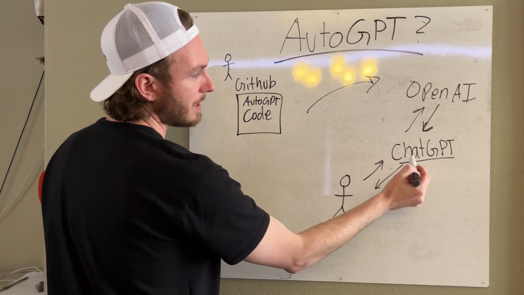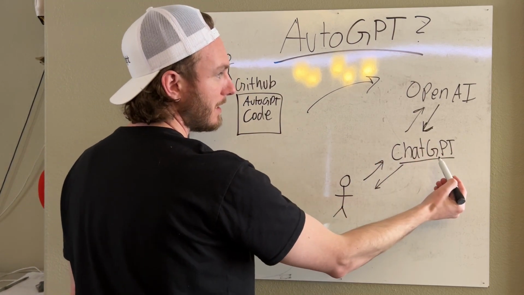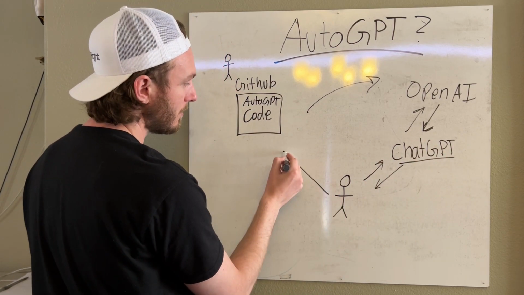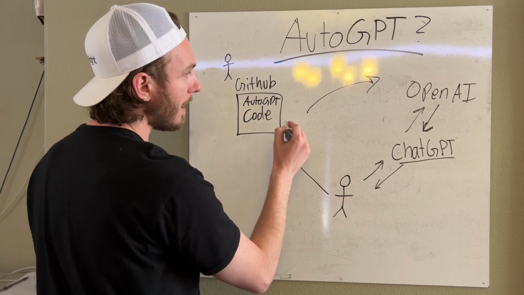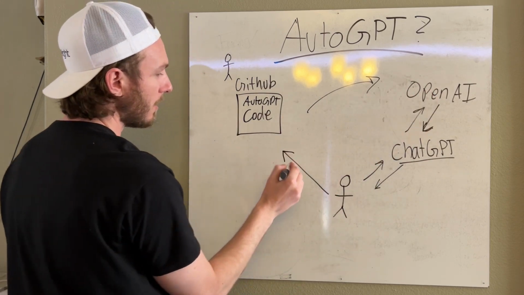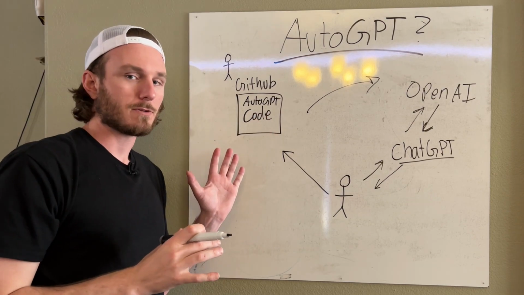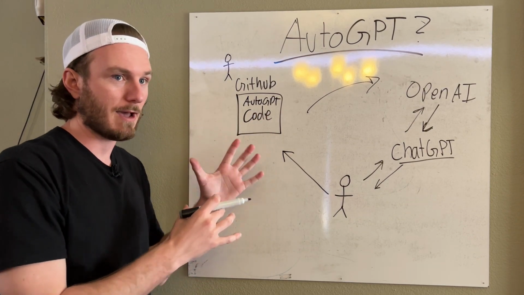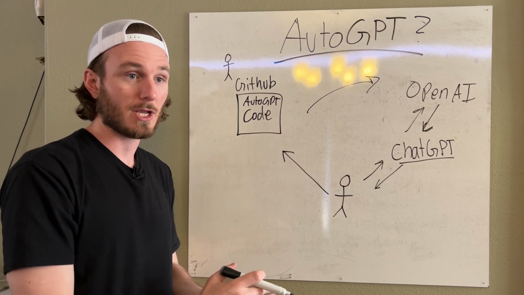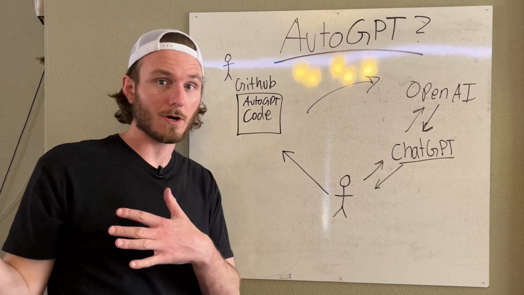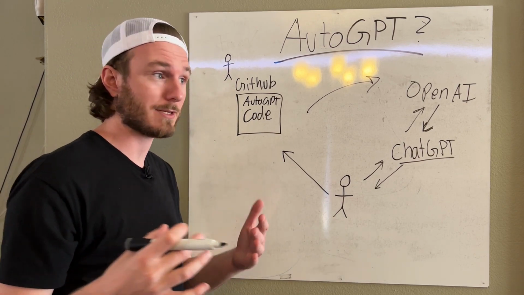AutoGPT is essentially another interface like ChatGPT that allows us as users to interact with OpenAI in a new way. So we are interacting with the AutoGPT code. It's not very user-friendly because it's just code that you have to install on your machine, but in this tutorial, we're going to be using Replit to make it super easy.